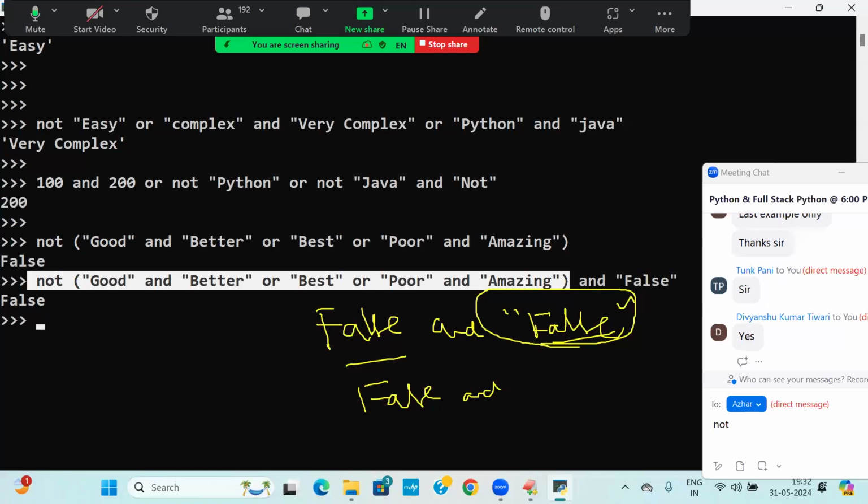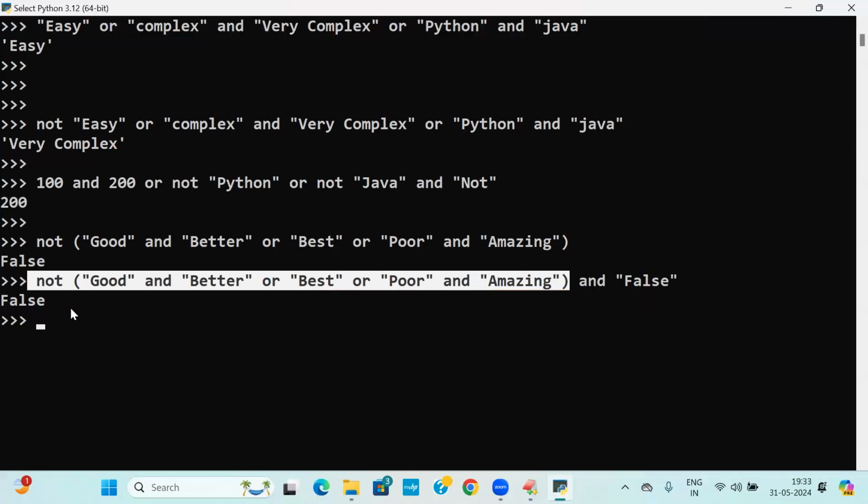Non-zero. Non-zero means string data, with length greater than 0. What is this answer going to come? True. False and true answer is what? False. In place of false, what is there? False is there. That's why false came.